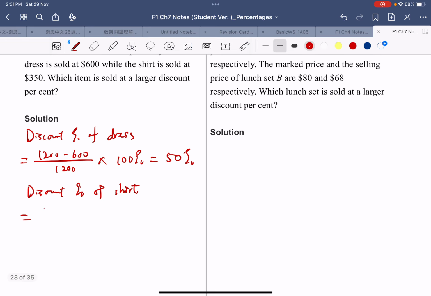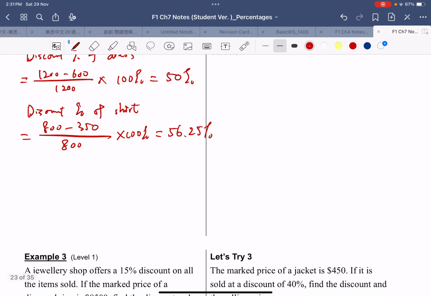Do the same thing, calculate the discount amount and then divide by market price, and then this will have the discount percent of the shirt.